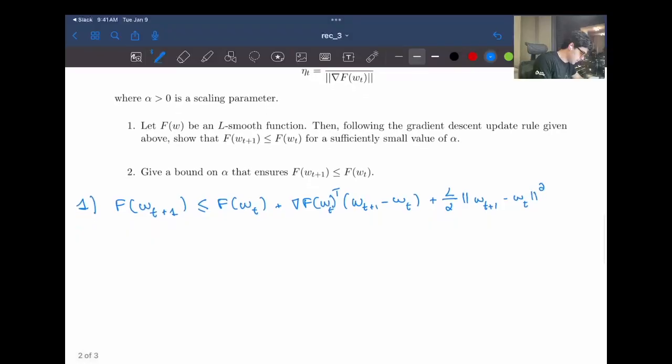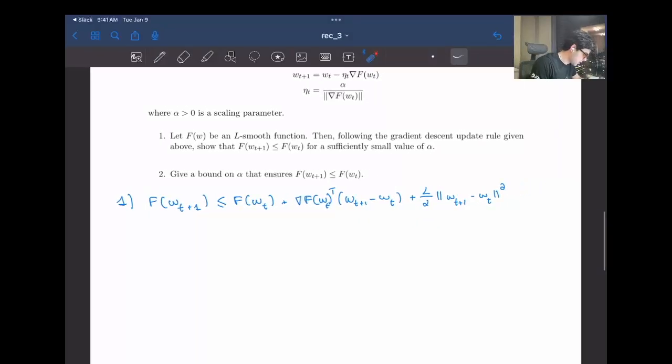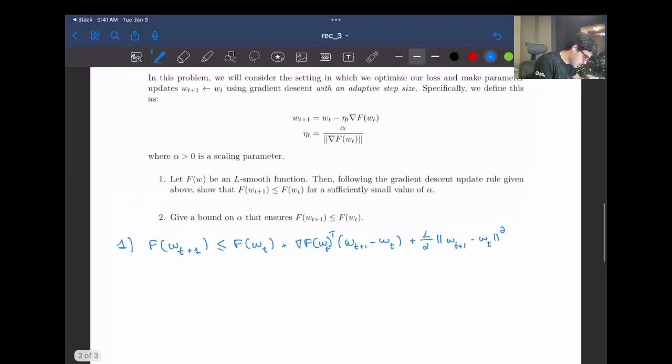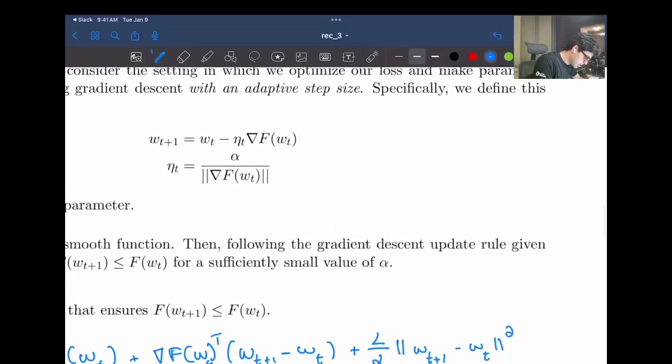And so this is what it means for a function to be L-smooth. Okay, so what do we do with this now? We have this gradient descent update that we can rewrite in this way, right?